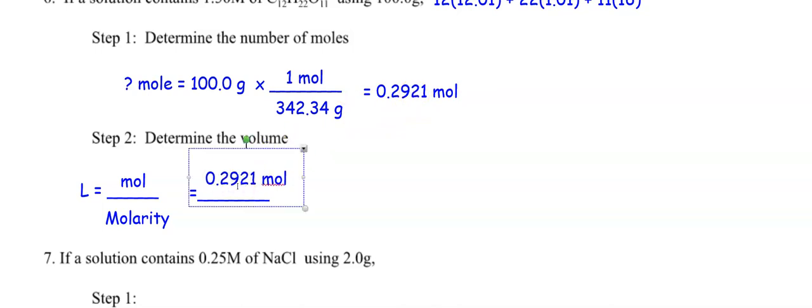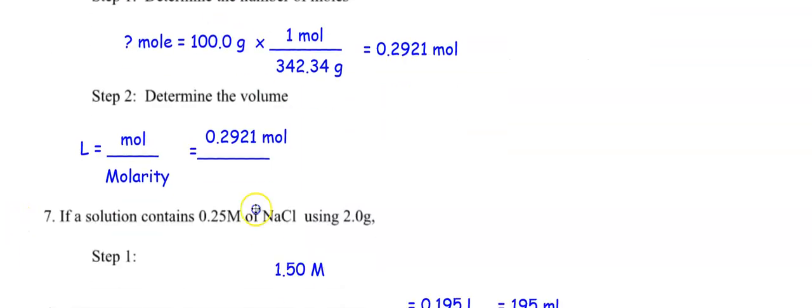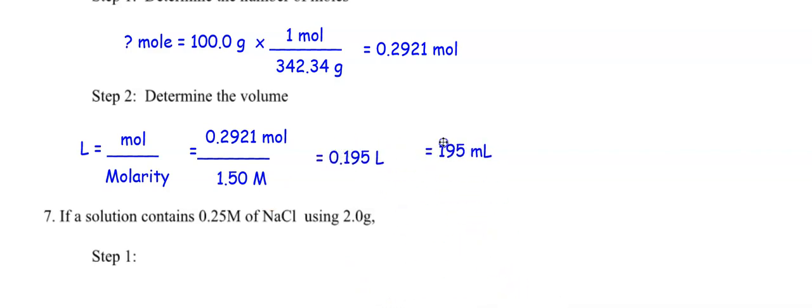My molarity is in my problem up above, right? 1.50, so I can use that. When I divide it out, I got 0.195 liters. And just in case you're wondering, that's 195 milliliters. I multiplied this by 1,000 to get milliliters. Okay, there you go. No problems, right?